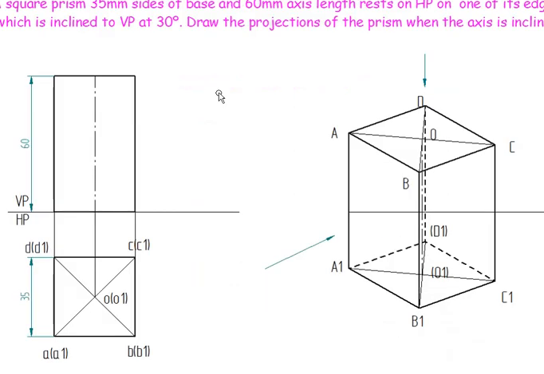But initially we have seen the top view where we are able to see this A, B, C, D, but A1, B1, C1, D1 was not seen. Now I am going to see from the front view. That means A is seen, B is seen, B1 is seen, A1 is seen, but C1, C, D, D1 is not seen.